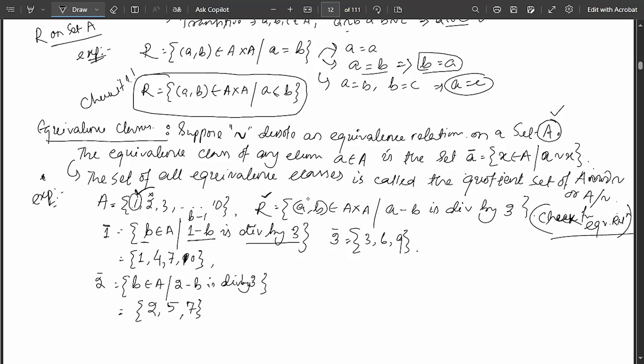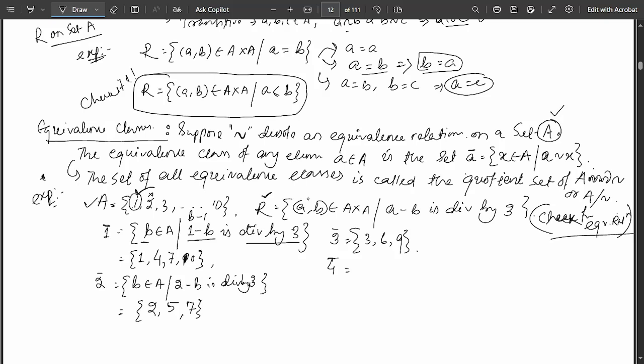Now if I try to find the equivalence class of 4, that is the set of elements of A whose difference with 4 is divisible by 3.